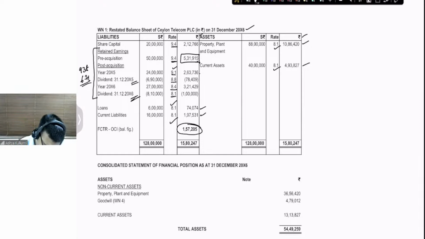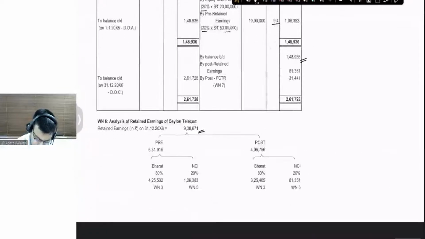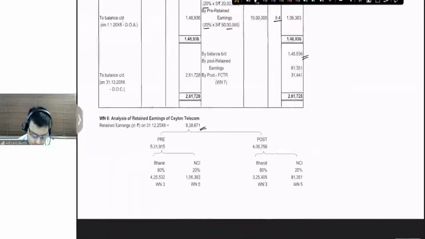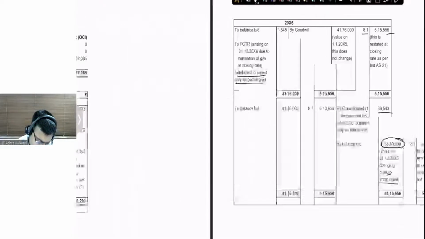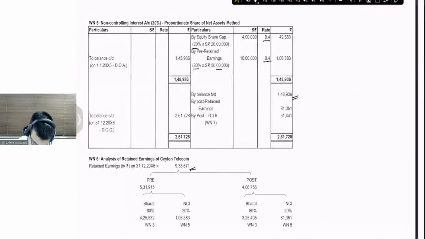So this amount is my post-acquisition. Pre-acquisition is this figure which is taken to working note 3 and working note 5 respectively. Post-acquisition 3,25,000 and 81,351. So that takes care of pre-acquisition retained earnings also.